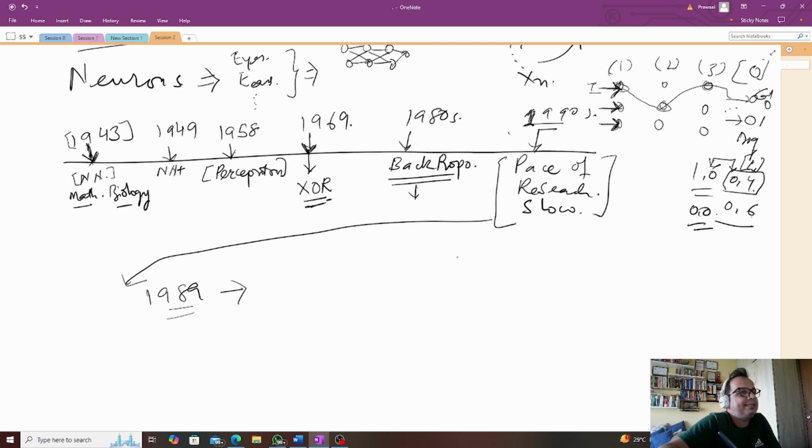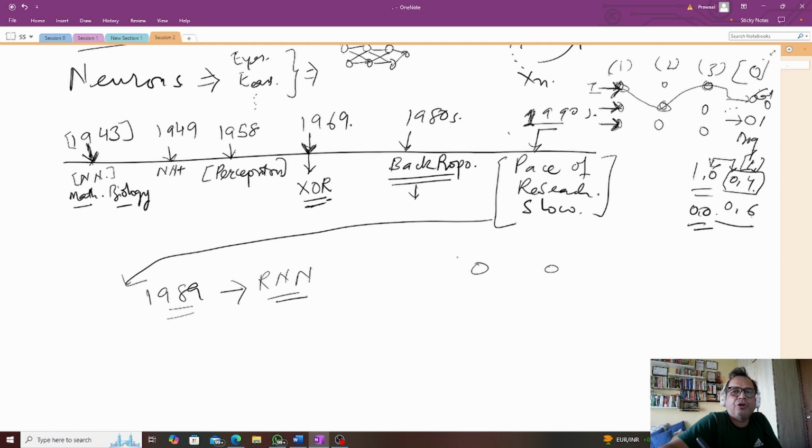In 1989, the recurrent neural network came into existence. In a recurrent neural network, the neurons or perceptrons take a timeline view. Anything that is a sequence of information across time needs to be modeled.